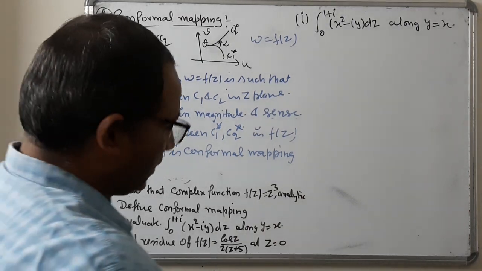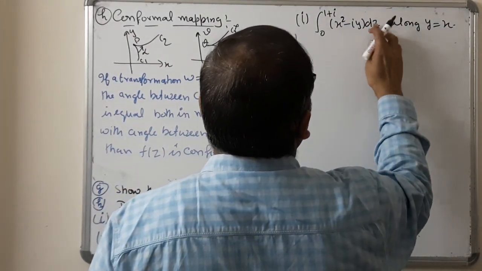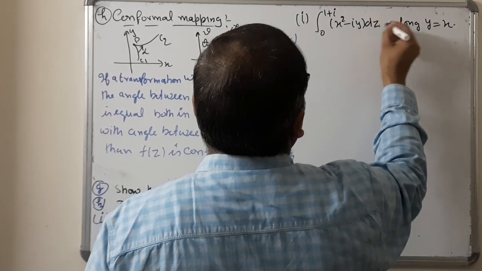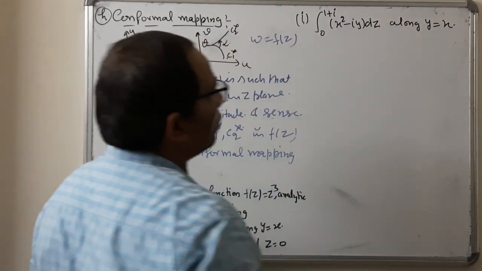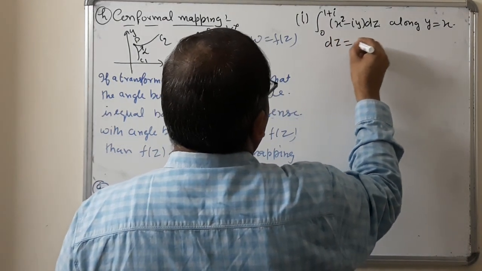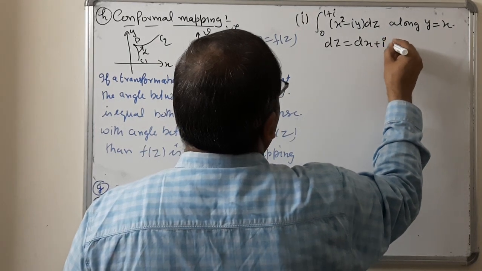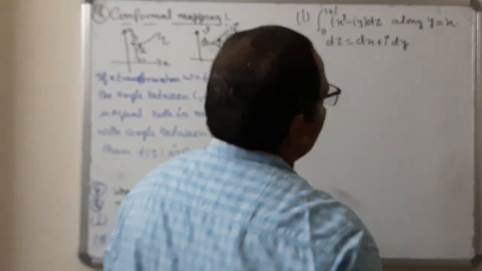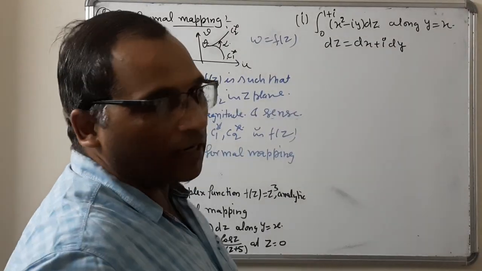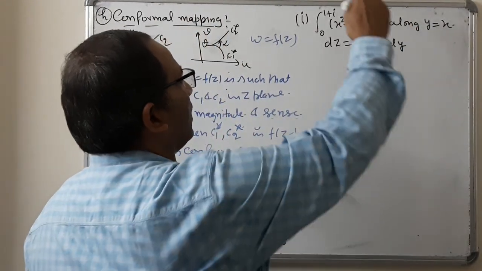Now we come to the next part. Evaluate the integration from 0 to 1 plus i of (x square minus iy) dz, where the path is given along y equal to x. What is the value of dz? You can write dz is equal to dx plus i dy. In this type of question, you have to find a relation between x and y, and then put in that relation.